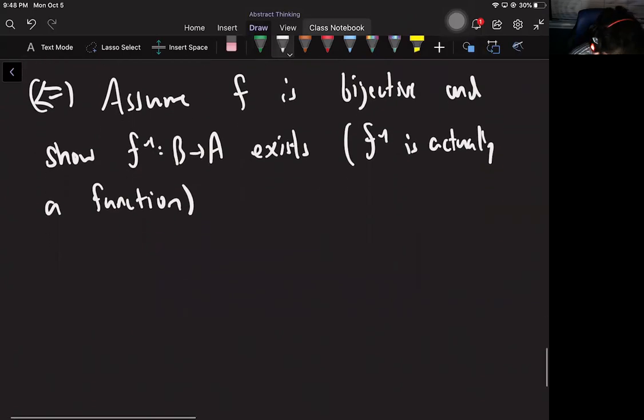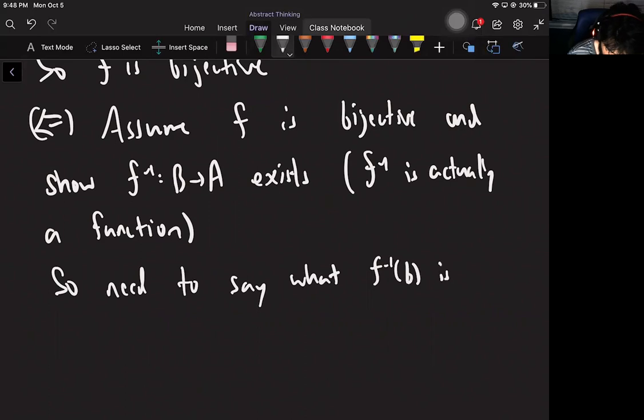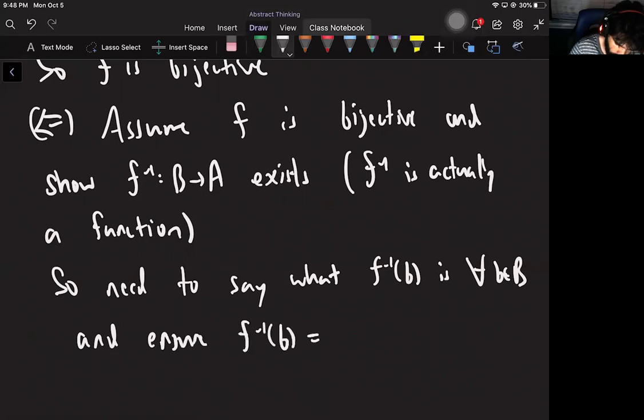Okay, so I have to show that f inverse is really a function. And so what that means is that I have to say where all the b's go. So we need to say what f inverse of b is for every b in B, and ensure that f inverse of b is just one thing for every b that you pick. What am I doing?